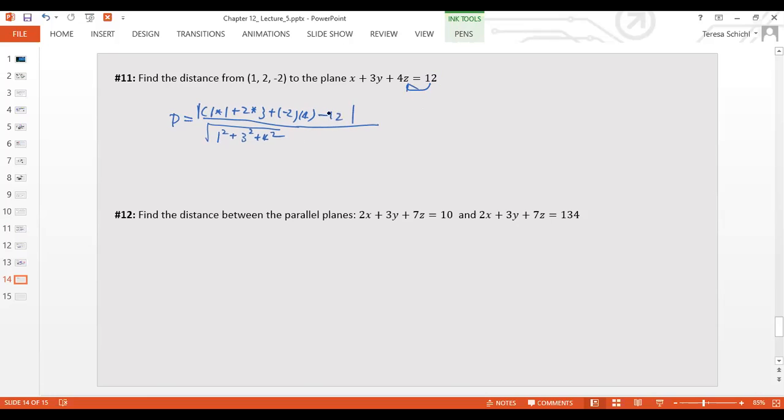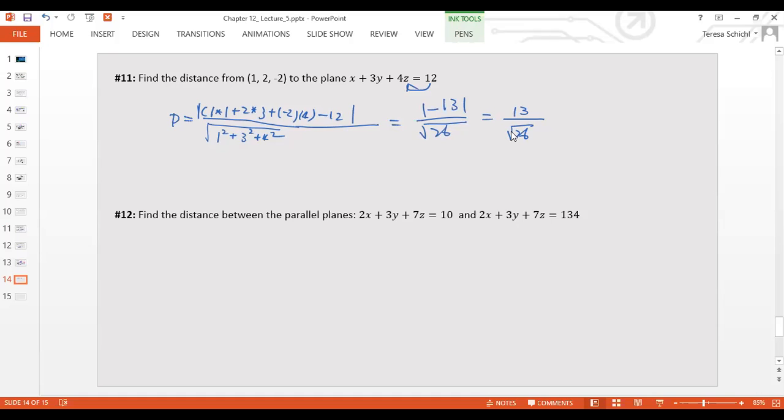We did this in the exercise from the cross product. So now in here, you will find these answers: 16, 25, 26. Then the top is going to be negative 13. Of course, I cannot have a negative distance, so it's 13 over the square root of 26.